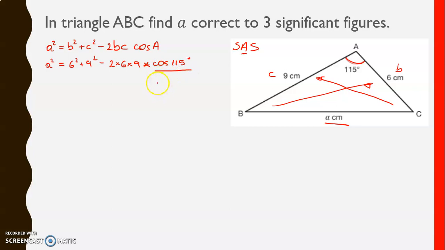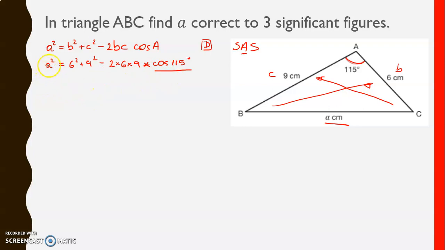To check that, you have to make sure that on your calculator's display at the top you can see a capital D. Okay, that means you are calculating in degrees. Alright, now I like to just put all of this in the calculator. It's always better because the worst thing you can do is round up too early.